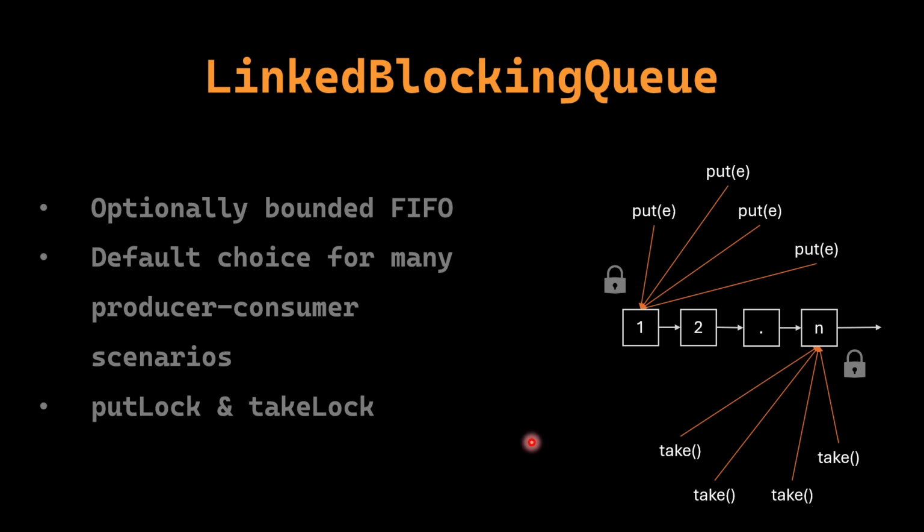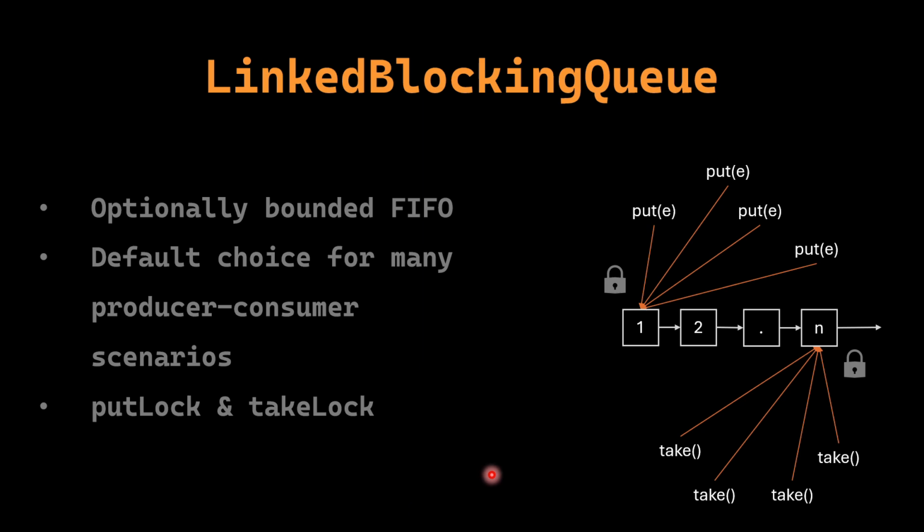Each element is stored in a node object containing the item and a reference to the next node. This linked structure makes it naturally unbounded, though you can optionally specify a maximum capacity.